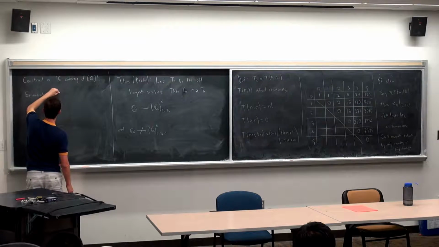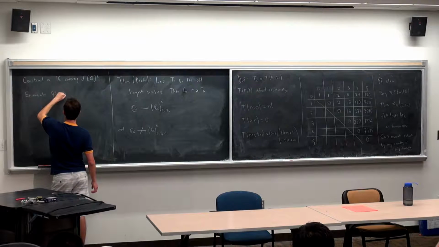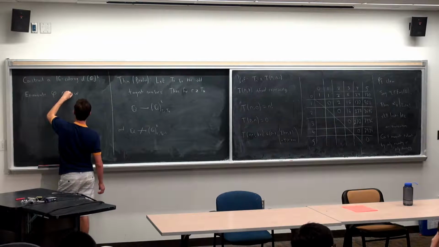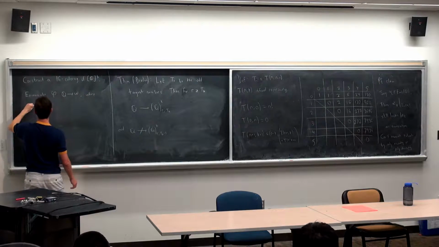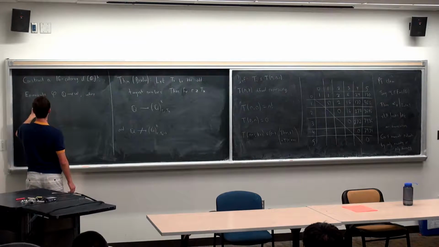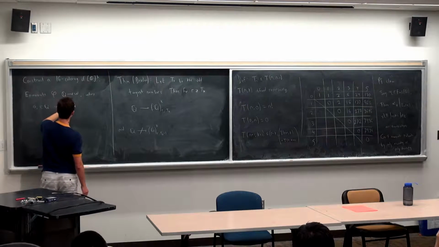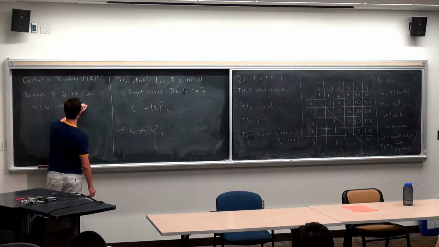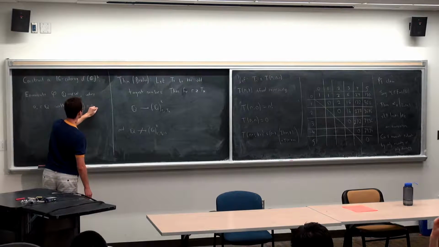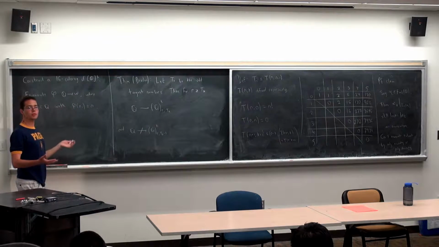Enumerate Q to omega, where I'm going to call a_n the element of Q with enumeration n. a_n is the nth element we enumerated.